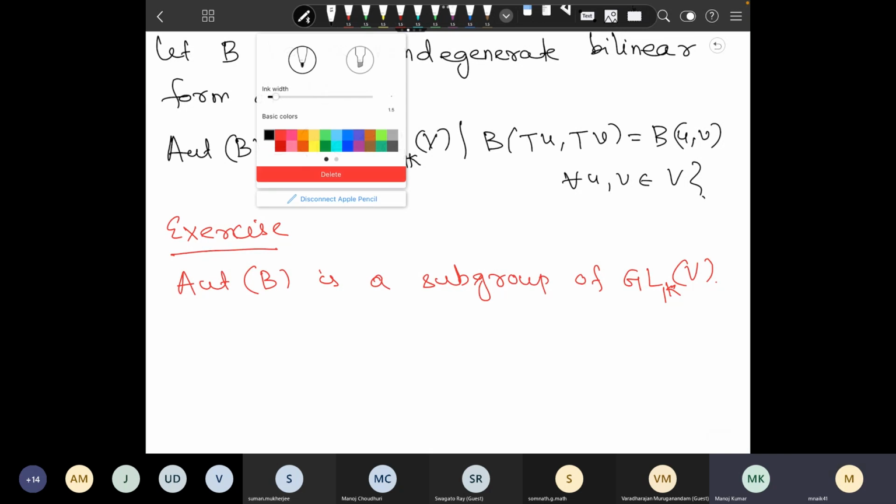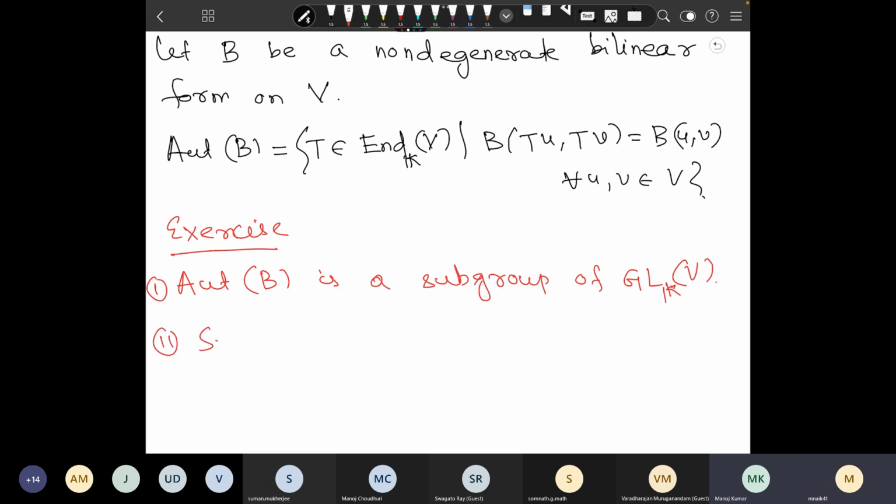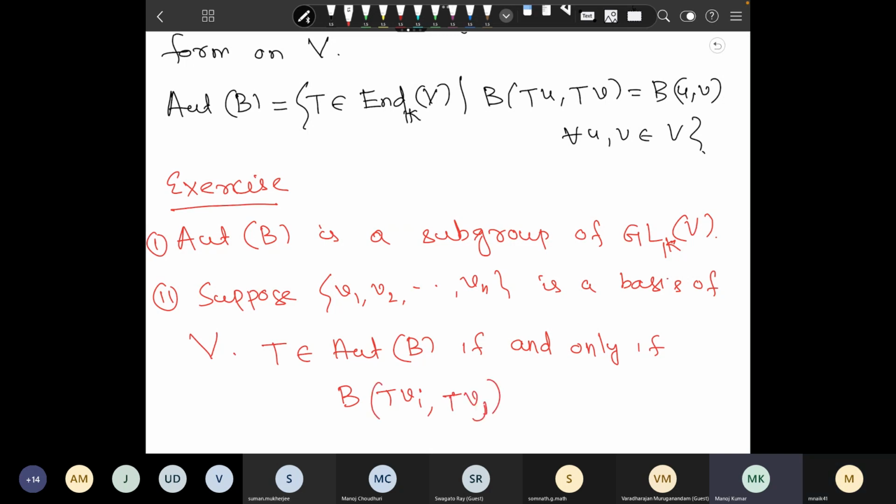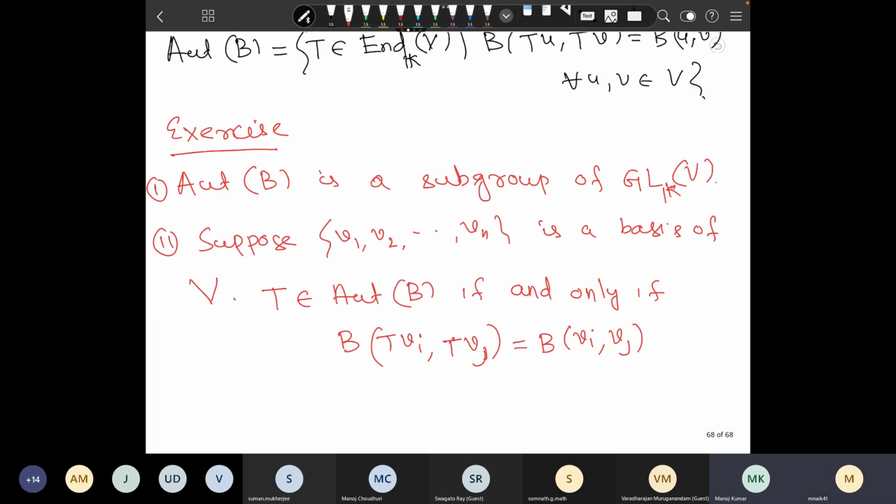Another exercise I want to give: suppose v1, v2, ..., vn is a basis of V. Then T belongs to O(V,B) if and only if B of T(vi), T(vj) is equal to B of vi, vj for all i, j.